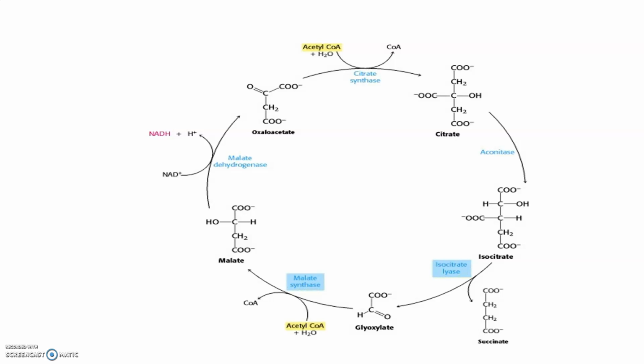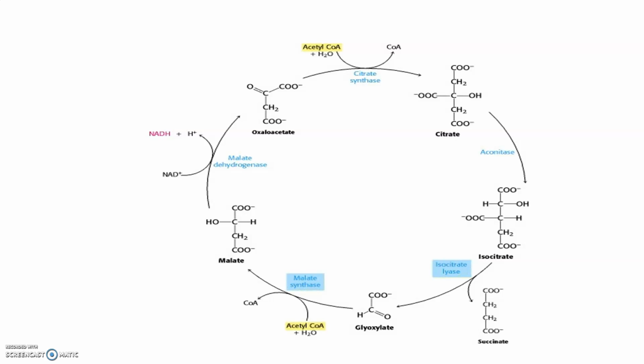So this is the synthesis. First of all, pyruvate, which occurs as one of the intermediates, may enter the TCA cycle. It is converted to acetyl coenzyme A plus water, which gives acetyl CoA. This acetyl CoA can be converted to citrate, or citric acid, with the help of citrate synthase.